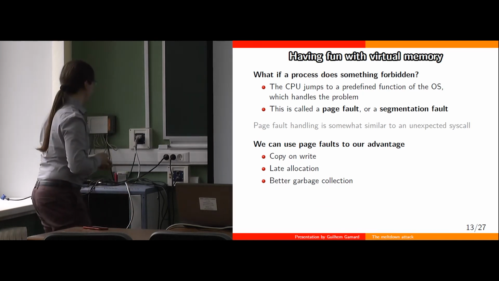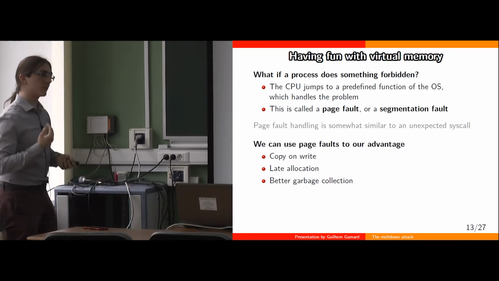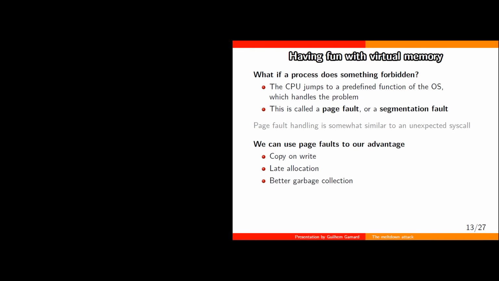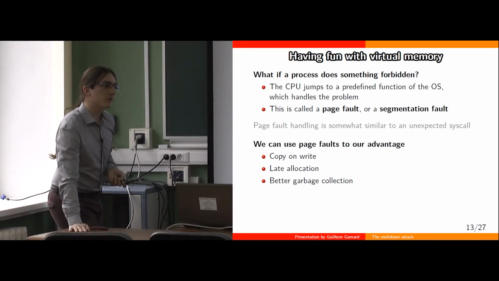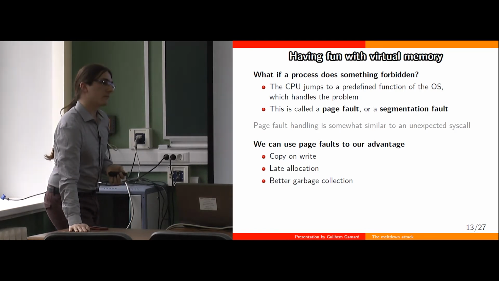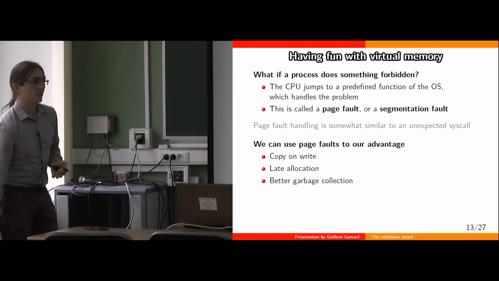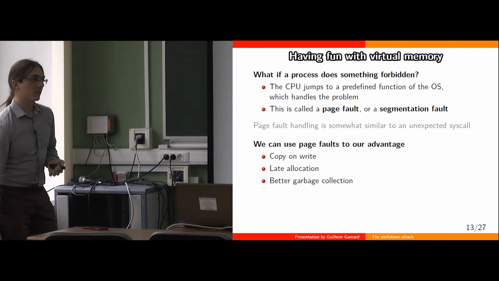First of all, we use page faults for working set modification. The second level of memory can swap into RAM, and nothing about copy on write and so on.